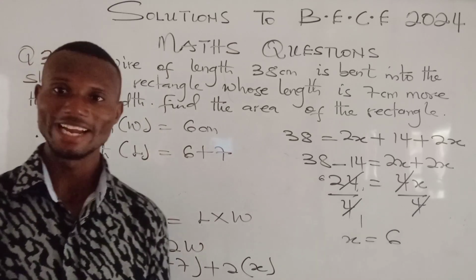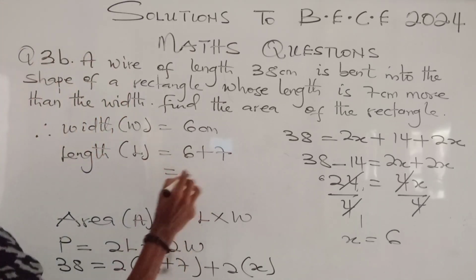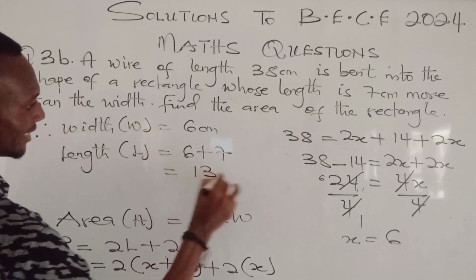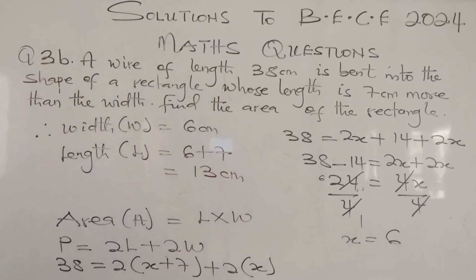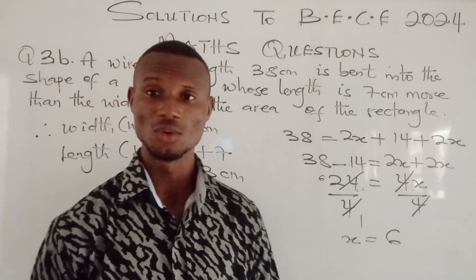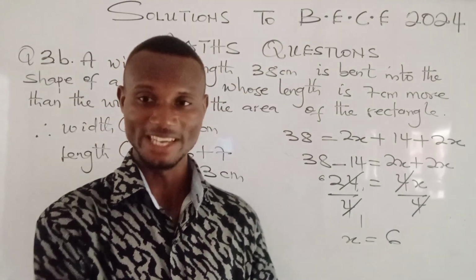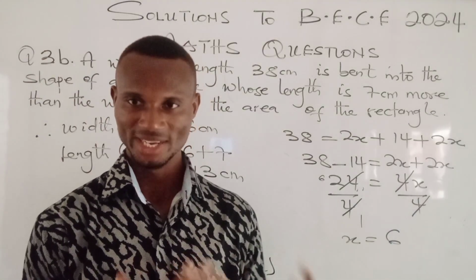I hope you understand and you agree with me. Okay, and 6 plus 7 will give you 13. So 13 centimeters. Okay, so now we know the length of the rectangle, which is 13 centimeters, and also we know the width of the rectangle, which is 6 centimeters. So now we can use it to find the area.